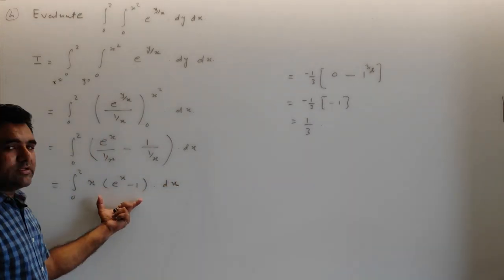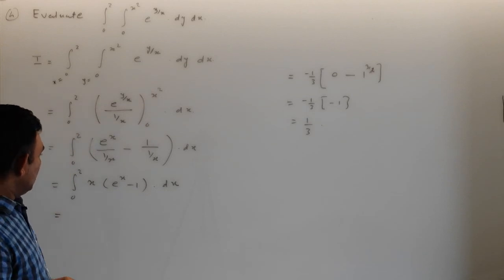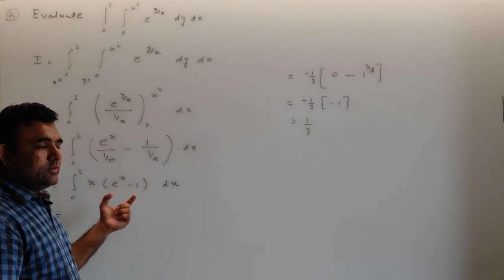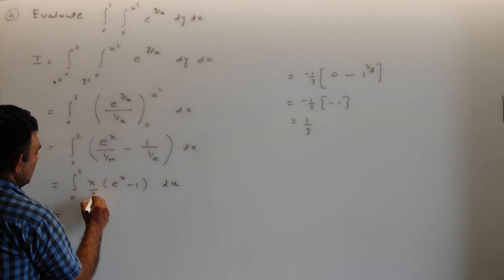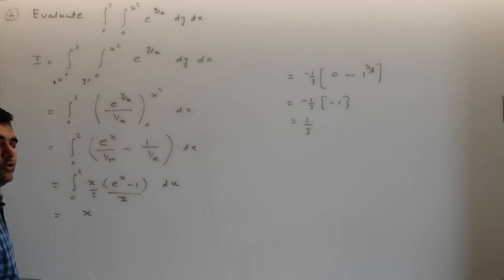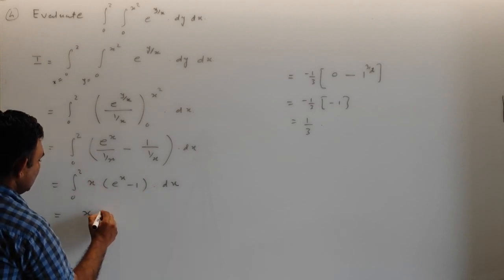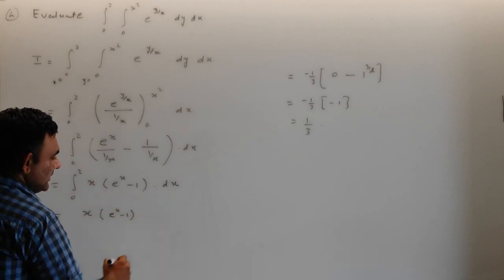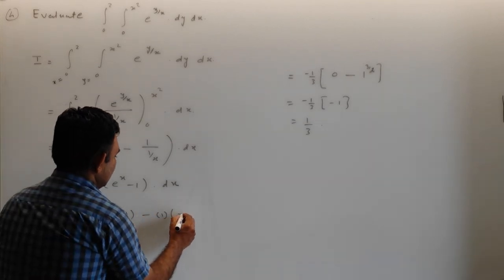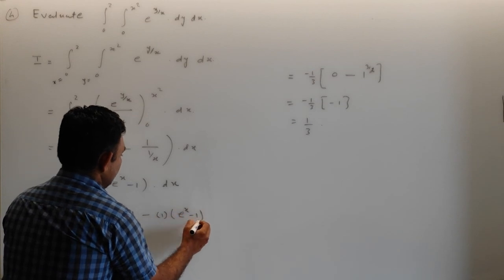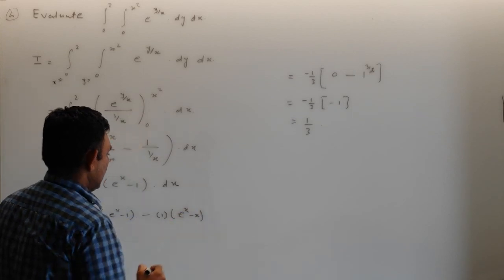So now it is simple integration with respect to x. So here we have to use the product rule, u and v. So x will be as it is. Let me say this is my first function and this is my second function, then you apply the UV rule, then what I have, x and (e raised to x minus 1) as it is, then minus derivative of first function, that is 1, and integration of the second function, that is e raised to x minus x.